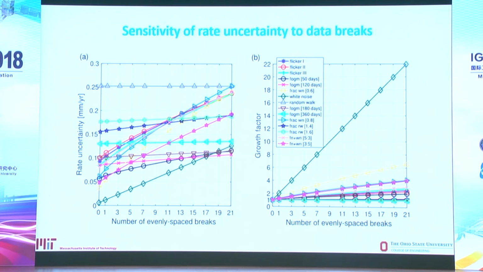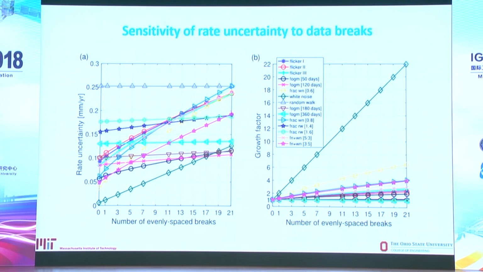Actually, they have different inflation rates. For the white noise, it's independent. There is no correlation at all. Therefore, it shows the biggest inflation rate. But when the degree of temporal correlation gets bigger and bigger, then this inflation rate gets slower and slower.